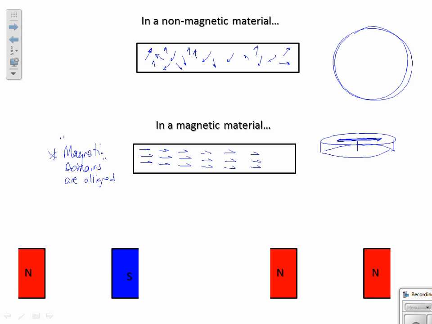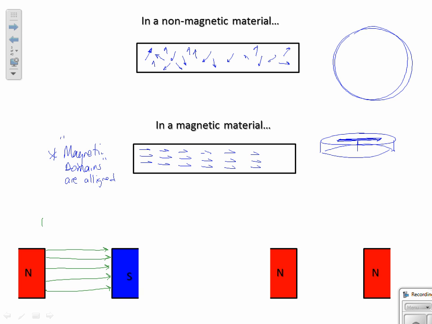A couple of very important, very standard fields you have to get used to are the fields near the ends of two bar magnets. This assumes that over here there's a north, and that over here somewhere there's a south. This is just the end of it. So the field points away from north and toward south.